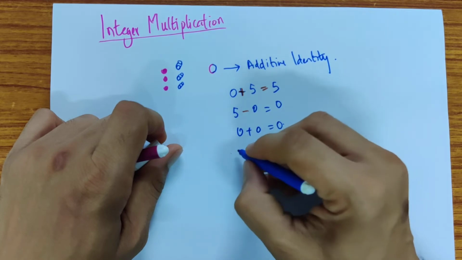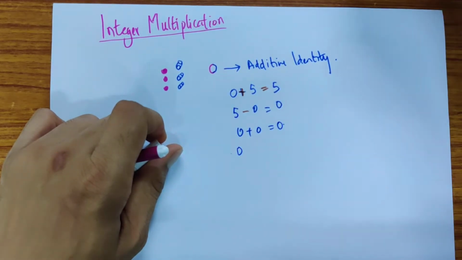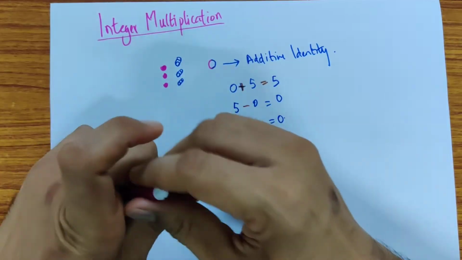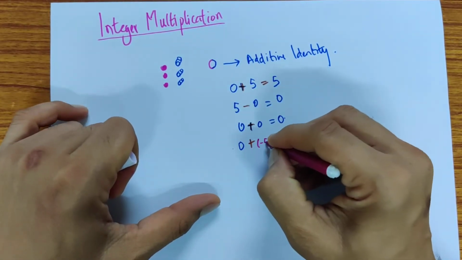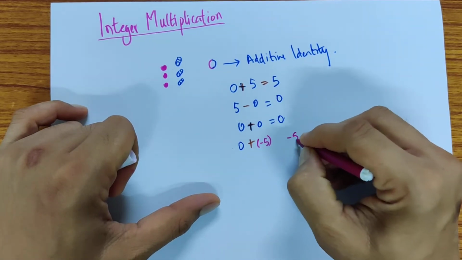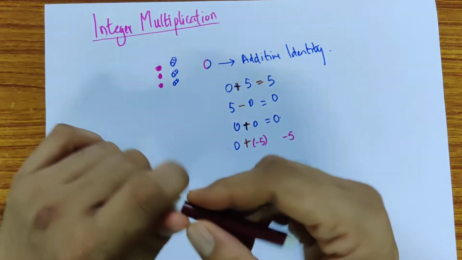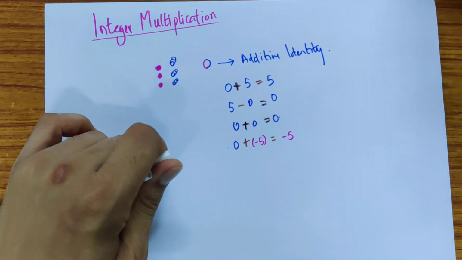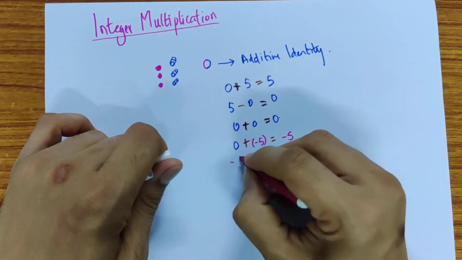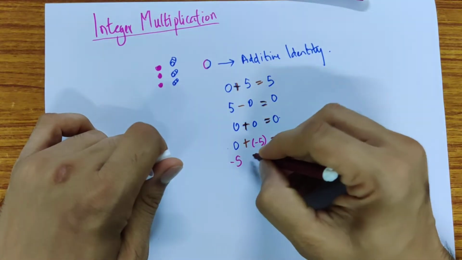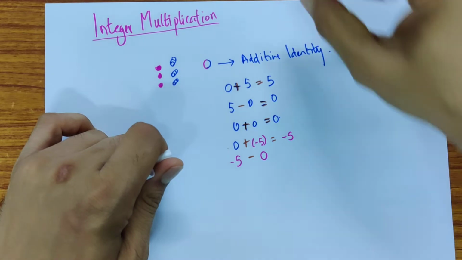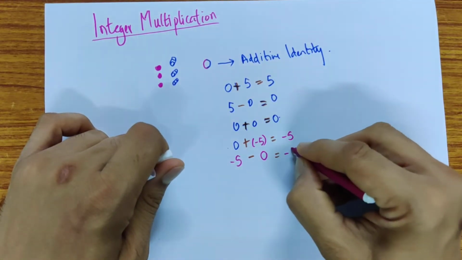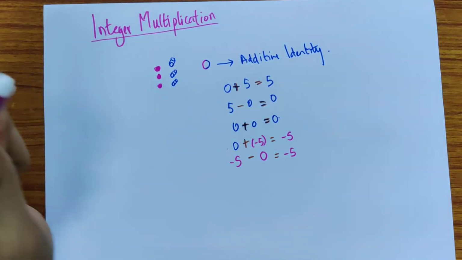And the same with negative numbers, right? 0 added with negative numbers does not change the number. Zero removed from a negative number does not change the number. So these are all different properties of 0.